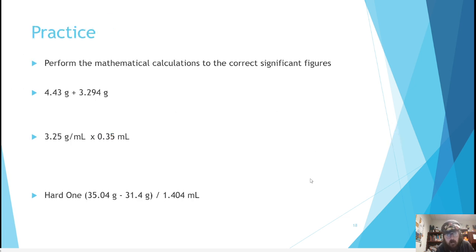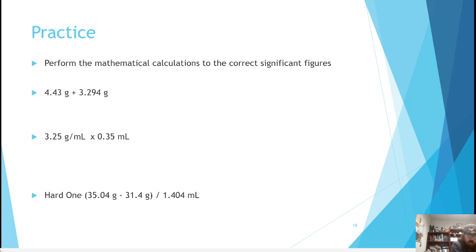So we'll finish this off with these calculations. So we have 4.43. We're going to add it to 3.294 grams, and grams. So we have 3.25 grams over mils, and we're going to multiply it by 0.35 mils.